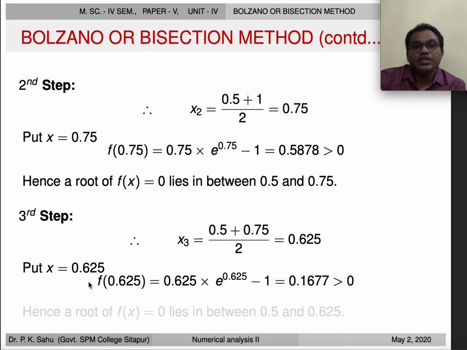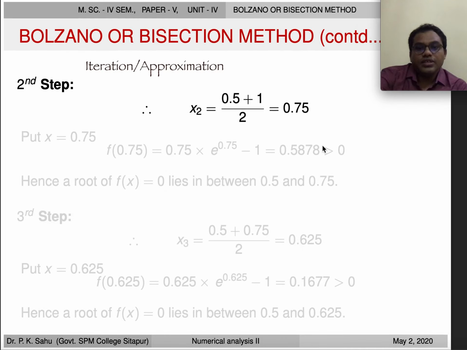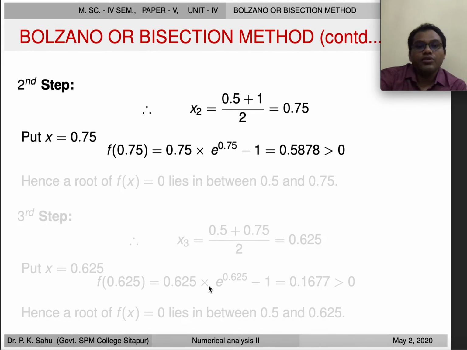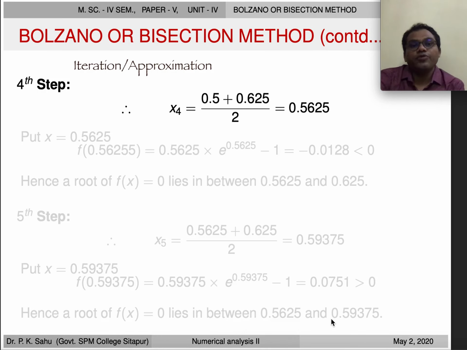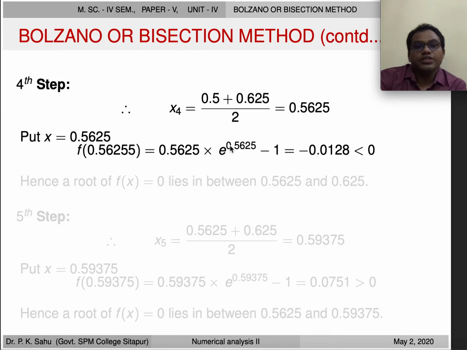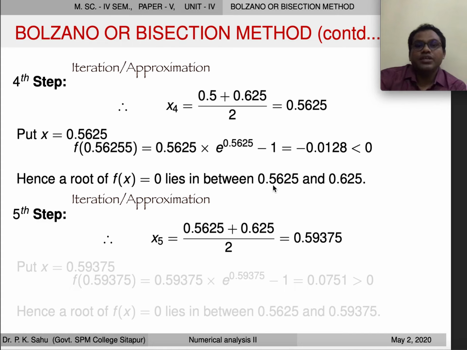Now we check f(0.625); it's positive, and f(0.5) is negative. So our root lies between 0.5 and 0.625. Now in the fourth approximation, we find the midpoint of the previous interval, which is 0.5625. Now we check f(0.5625); it is less than 0. Hence our root lies between 0.5625 and 0.625.